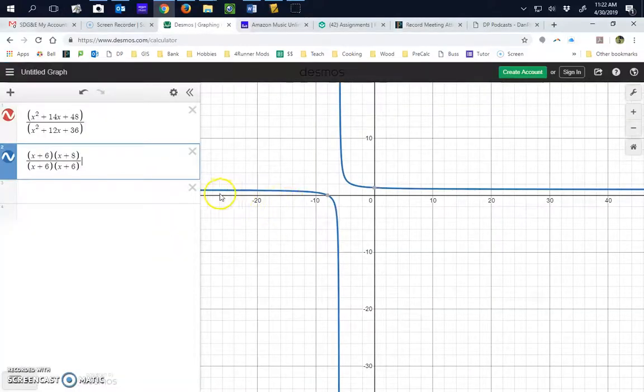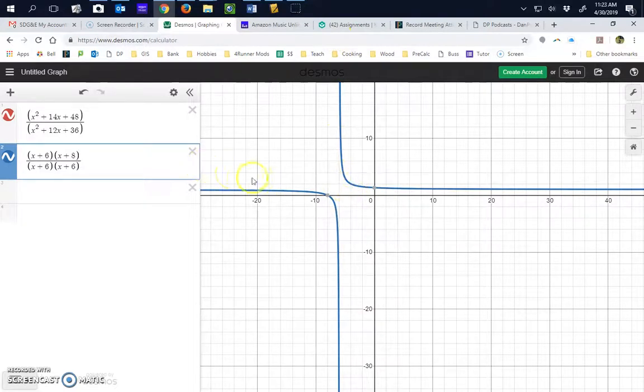So this is the negative side, and we're approaching -6 from the negative side. Where does our graph go? Well, our graph goes down forever, so it's going to -infinity. And then as x approaches -6 from the positive side, where does it go? It goes to positive infinity.